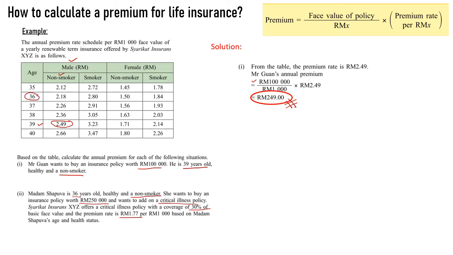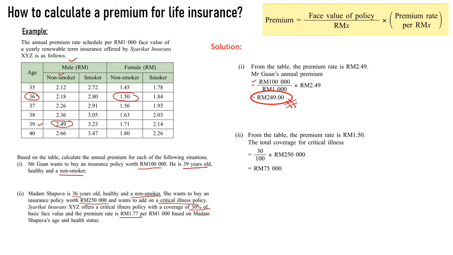36, female, non-smoker. So this is the rate for Madam Shapova. From the table, the premium rate is 1 ringgit 50 cent. Now the total coverage for critical illness. We are calculating her critical illness policy first, because in this question it states that her critical illness policy is 30% of the insurance policy that she wants to buy.